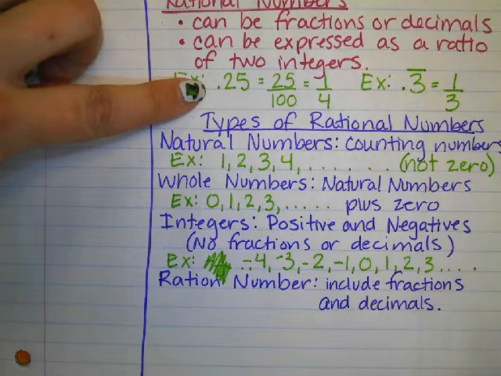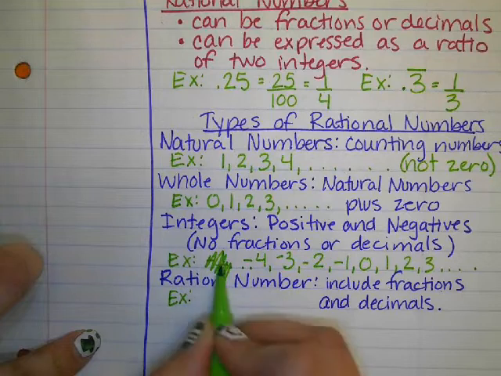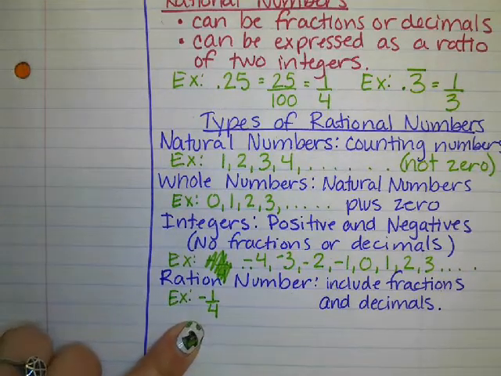Okay, so they're decimals that can be turned into fractions. So let's try that again. So our example would be what I started to write up here. Negative 1/4 would be a rational number.